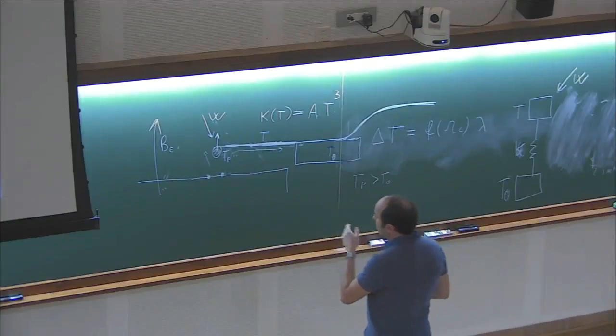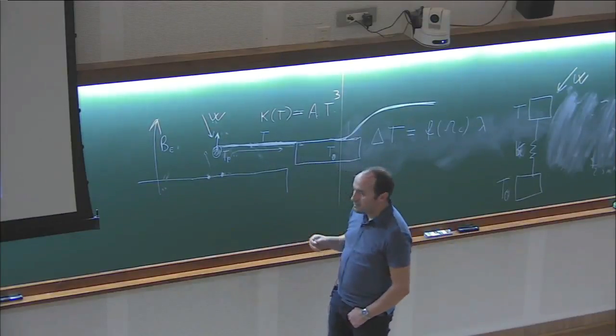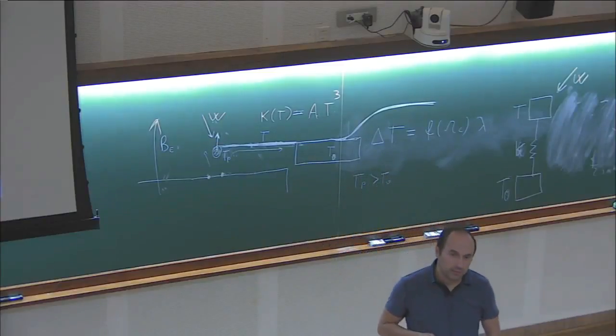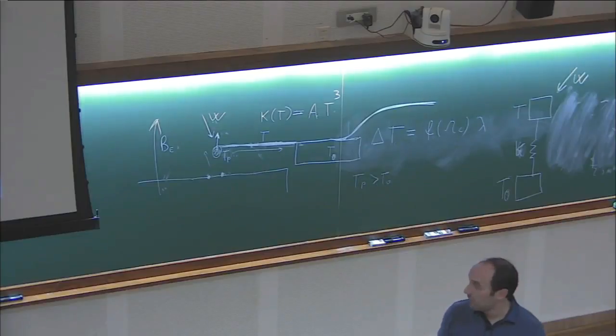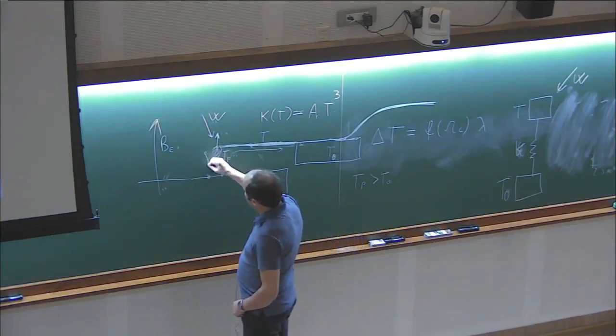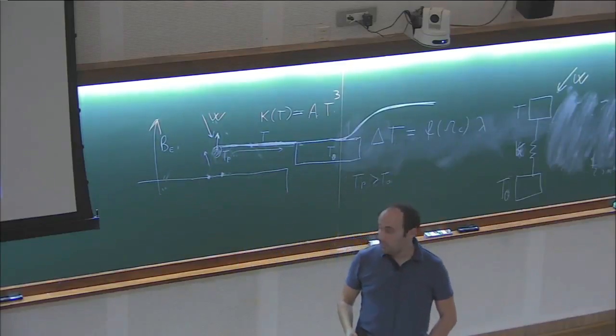So if you have a magnetic field which is oscillating in a metallic material, then you have a dissipation. Well, actually, I did the calculation. It's not so complicated, but you can do it.